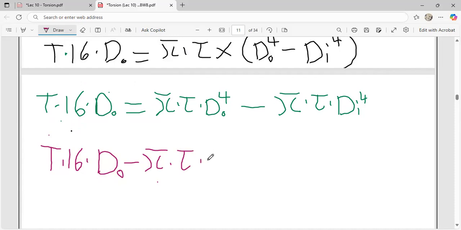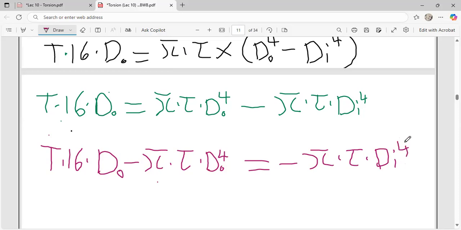Tau times the external diameter exponent 4, which is equal to minus what? Pi times the tau, also multiplying what? The inner diameter exponent 4.